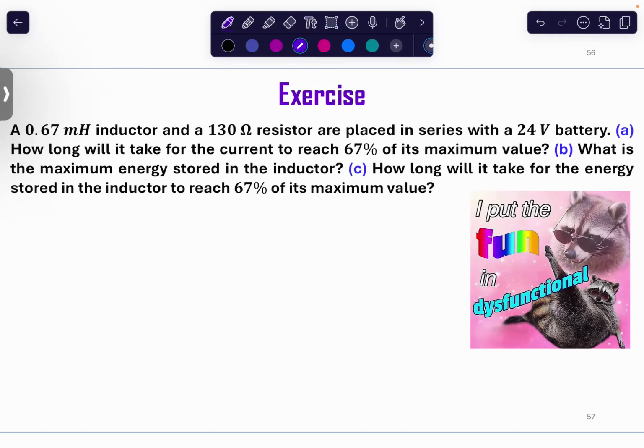So we have a 0.67 millihenry inductor and a 130 ohm resistor placed in series with a 24-volt battery. So that's fun. We have a circuit here. How long will it take for the current to reach 67% of its maximum value? What is the maximum energy stored in the inductor, and how long will it take for the energy stored in the inductor to reach 67% of its maximum value?